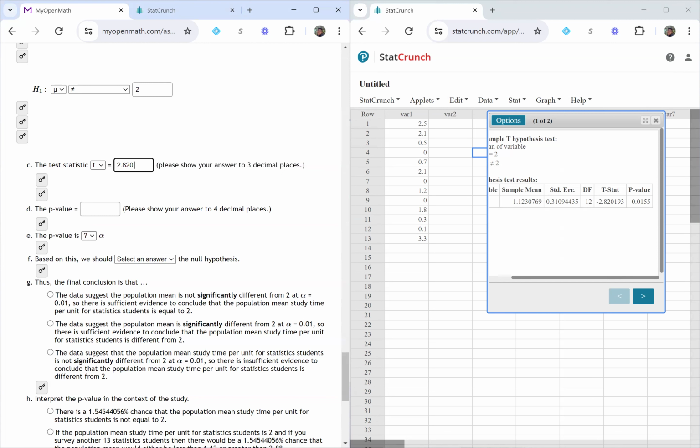Now, the p-value is also something we get from our StatCrunch calculator. You can see that the p-value says 0.0155. Okay, so I'm going to type that in over there.